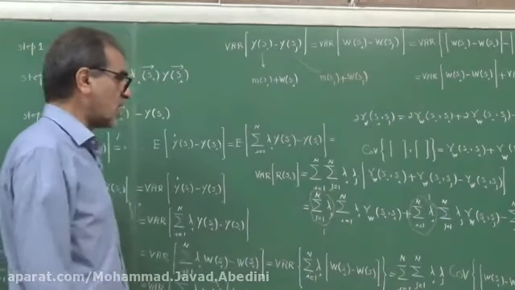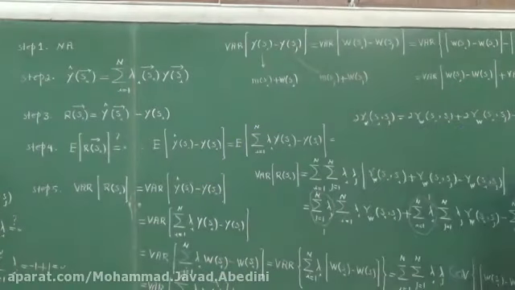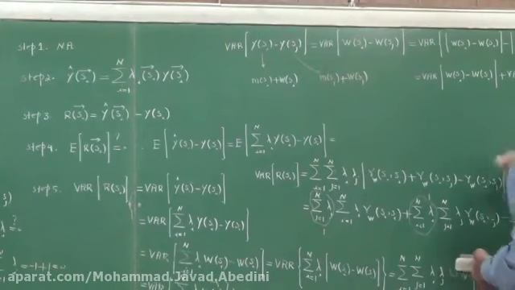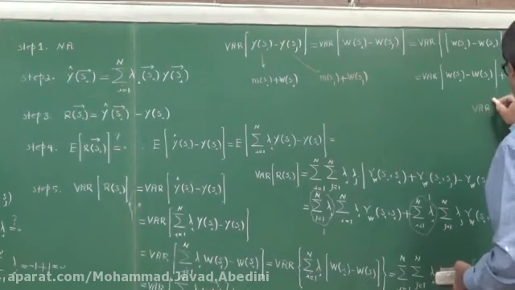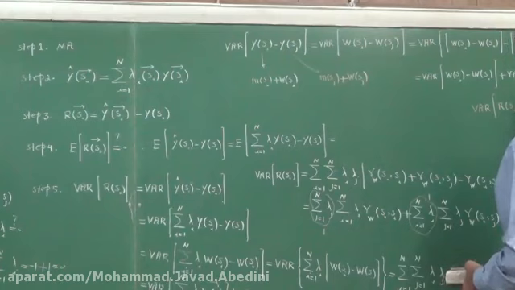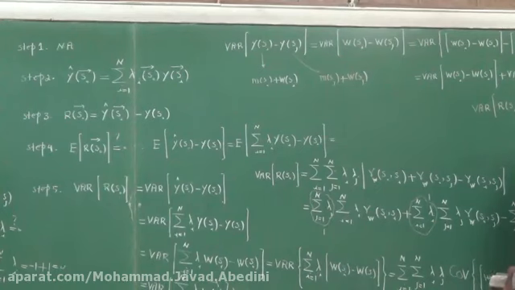Therefore, variance of residual is going to be 2 times summation i from 1 to n lambda i gamma w S0 Si minus double summation lambda i lambda j gamma w Si Sj.